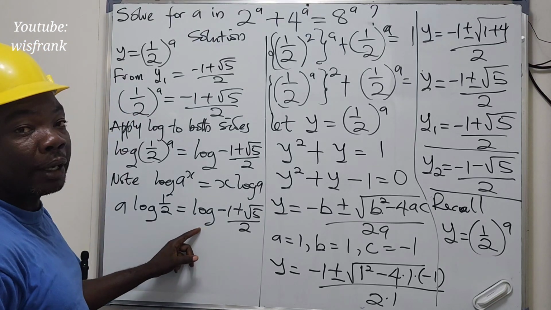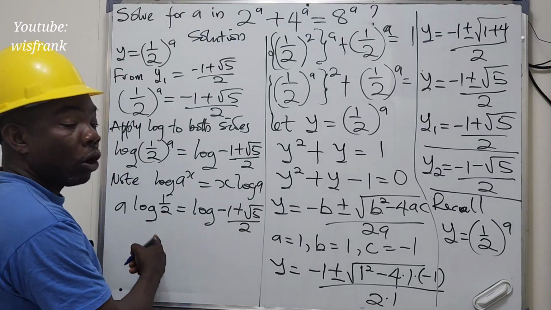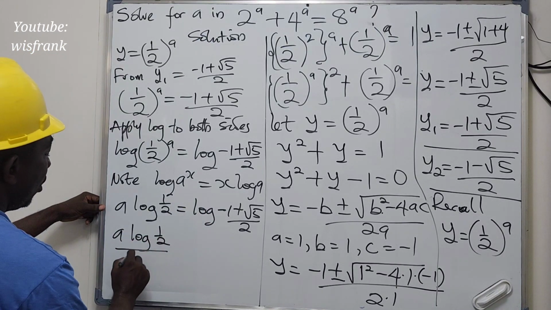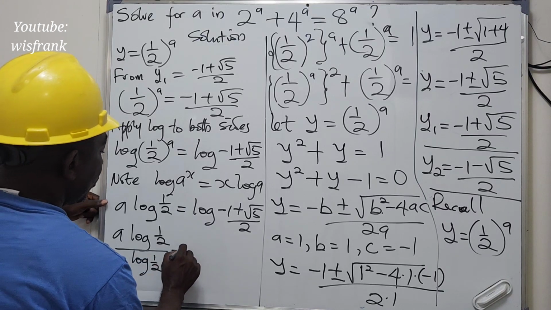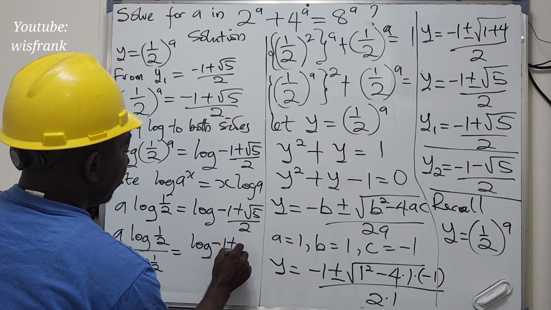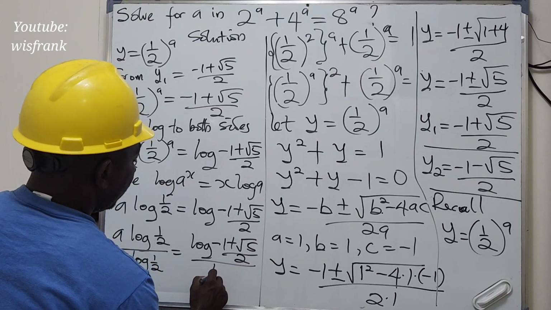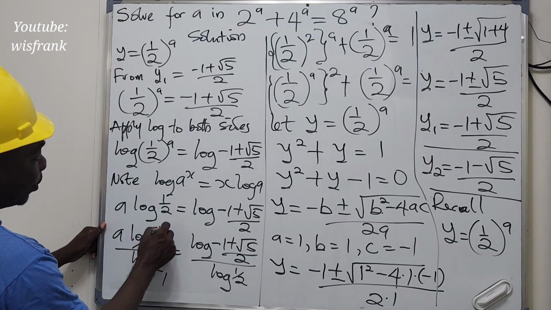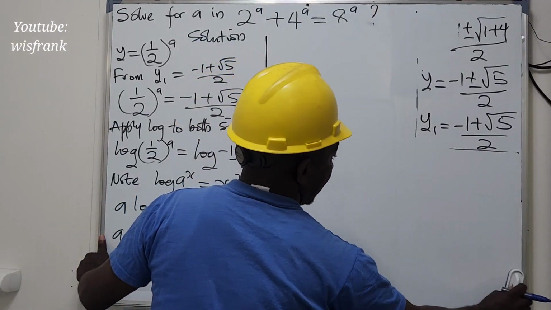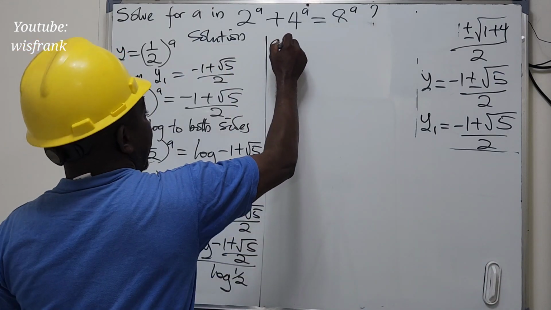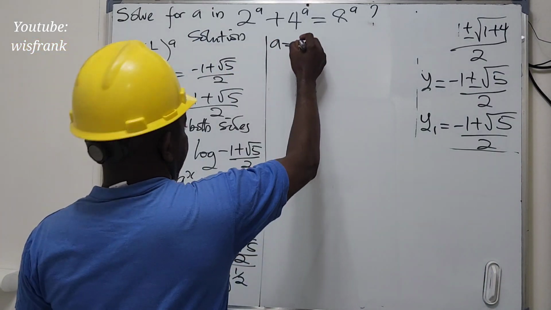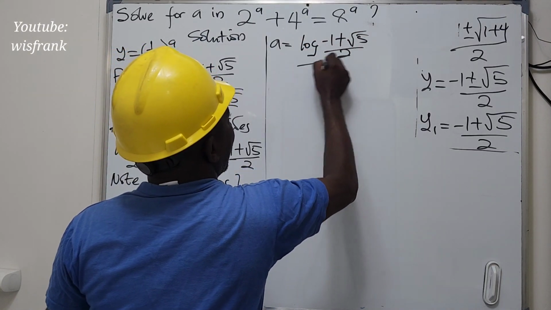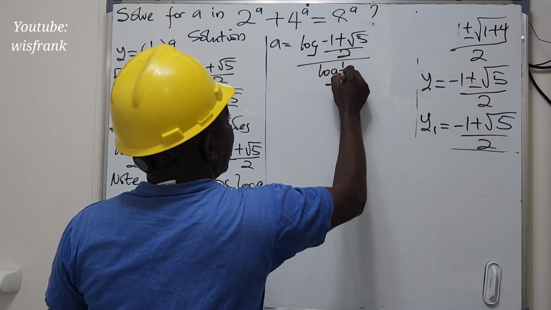Here we can divide both sides by log(1/2). So this becomes a log(1/2) all over log(1/2) equals log of (minus 1 plus root 5) all over 2, all over log(1/2). This cancels here and this cancels here. Therefore, a equals log of (minus 1 plus root 5) all over 2, all over log(1/2).